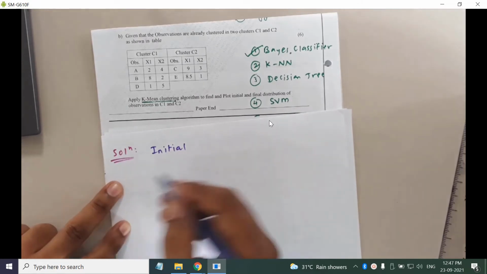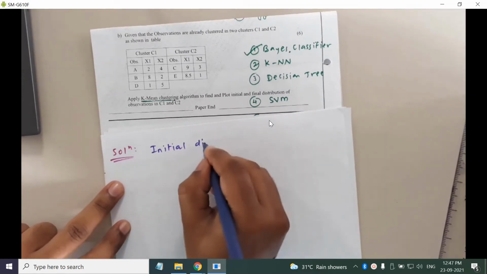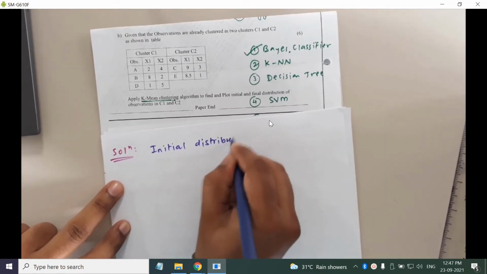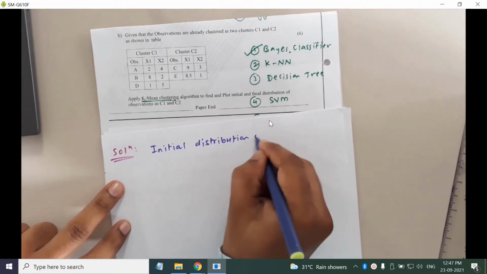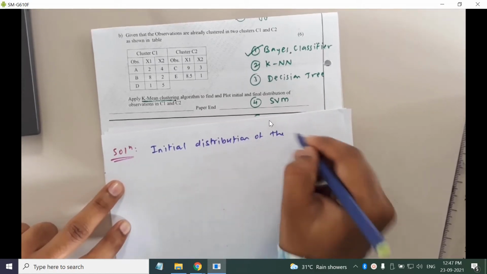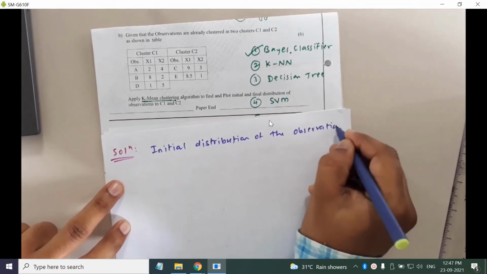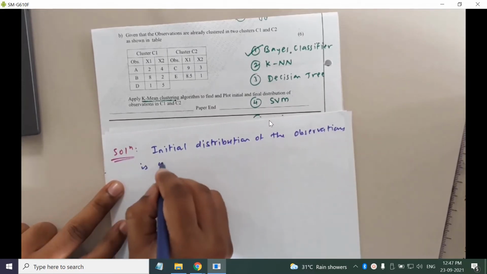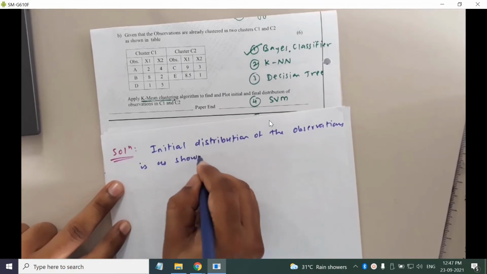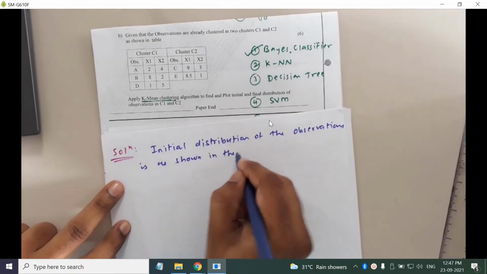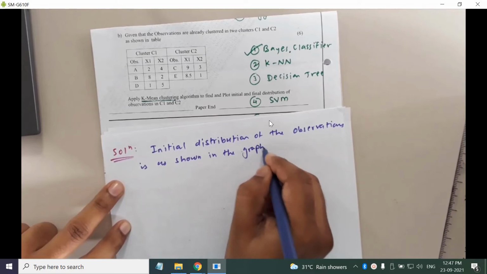They are interested in the initial distribution of the observations, they are using the term observation, as shown in the graph. So let us use the graph paper for plotting the points.